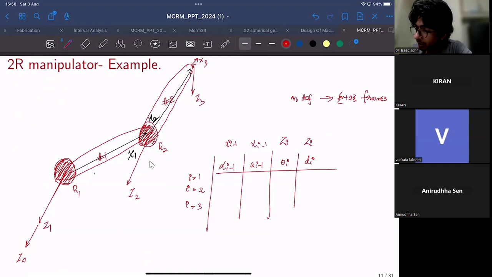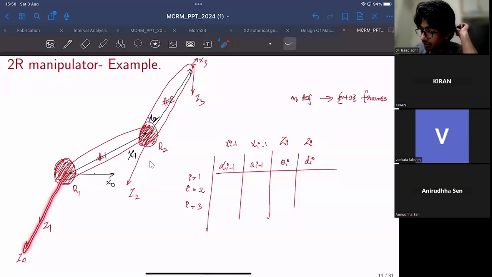So here in this example, we'll first start with the base frame, the frame 0. So if this is the 0th axis, I can also consider x0 to be something like this, along like this, right? The 0th axis, since it is fixed to the ground, is always going to be fixed.